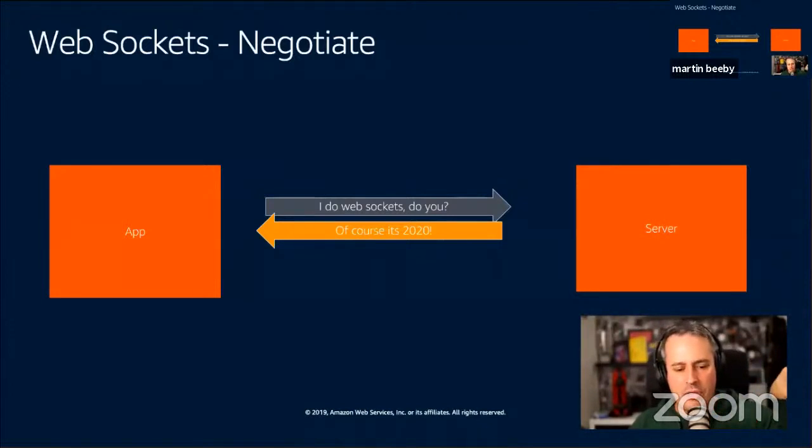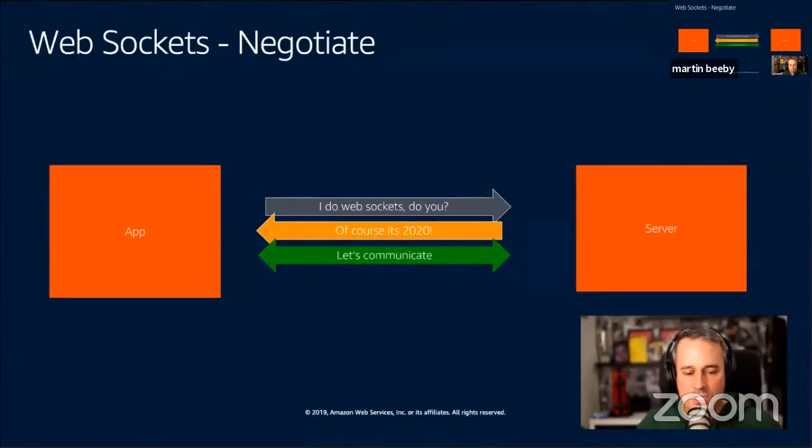And it does require both the application and the server to both have WebSockets capability. And it might be the case if you have a very old server, or perhaps you're using a very unusual client, that you might not have support. But you'll find that most SDKs on most client devices, whether they be watches or whether they be phones or whether they be browsers, now have support for WebSockets.